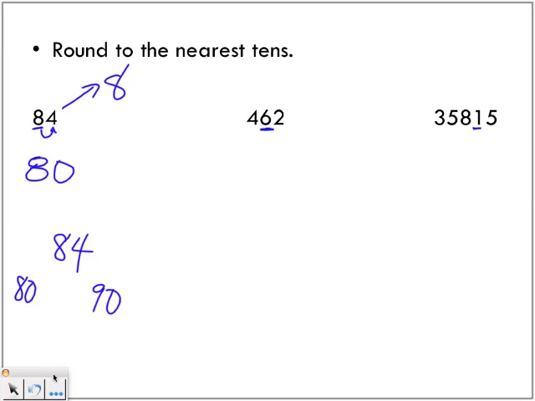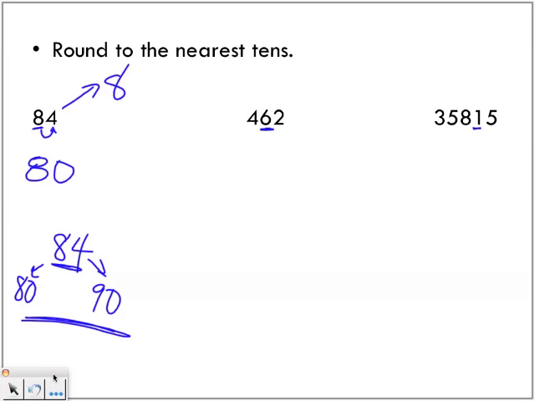So when we're rounding, we want to see which of these two values 84 is closest to. So 84 is obviously closer to 80 than it is to 90. That's why we don't round it up to 90. So that's really what this means. That's what I was trying to get at with the meaning of that.